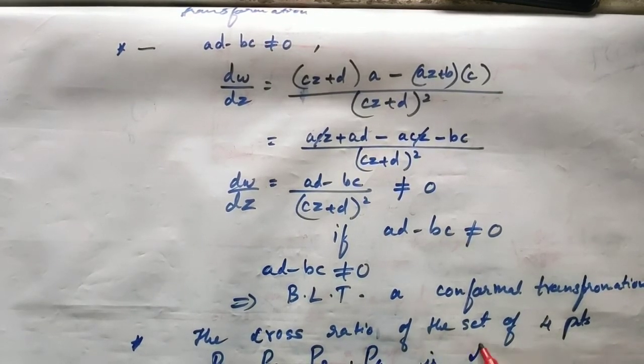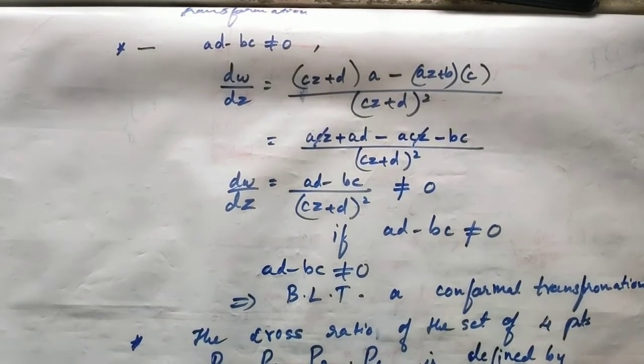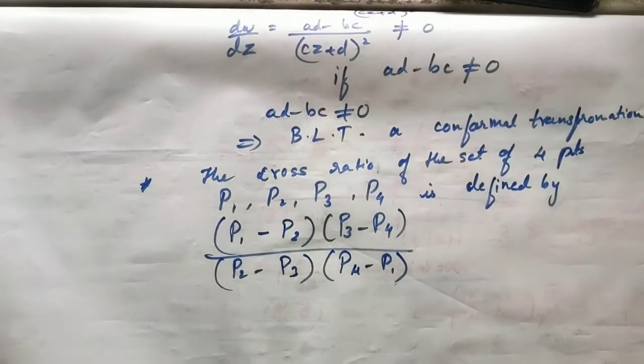It is defined by P1 minus P2 into P3 minus P4, divided by P2 minus P3 into P4 minus P1. So how do you remember? I hope that is seen properly now.